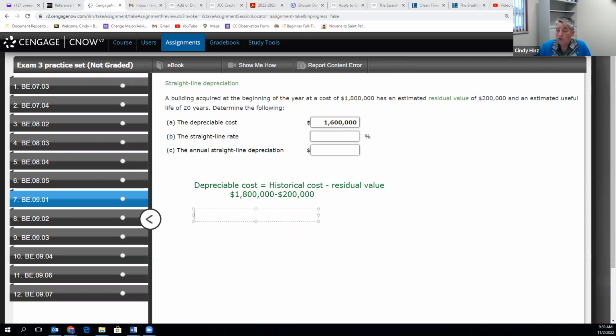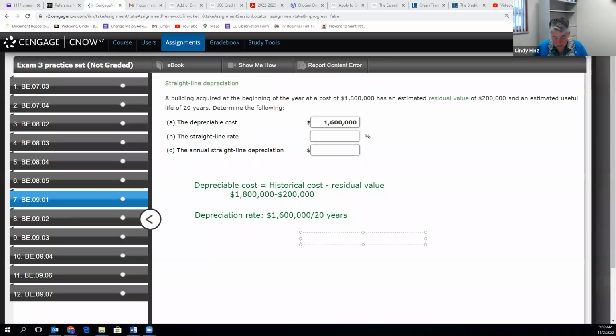And so for straight line, we take that depreciable cost. To calculate the depreciation rate, which is for letter B, we take the depreciable cost and we divide it by the estimated useful life. And so we're going to take that $1.6 million and divide it evenly over the 20 years. Let me just close my writing tool.